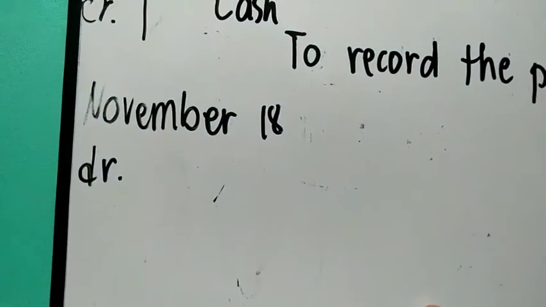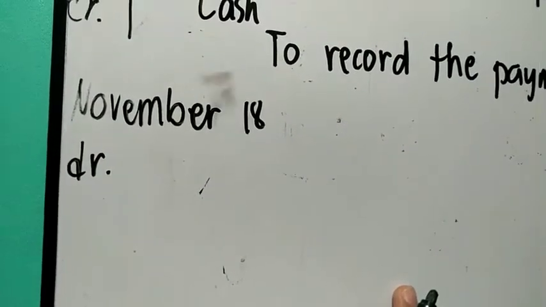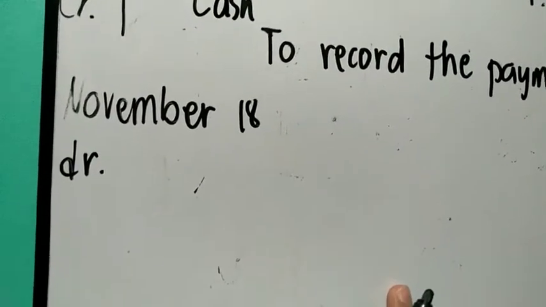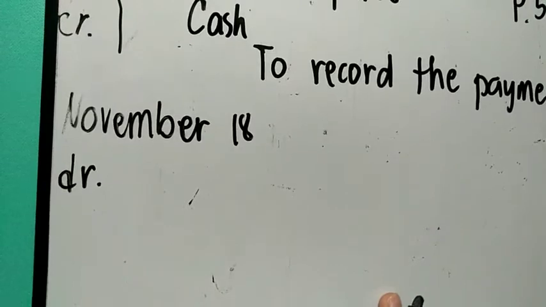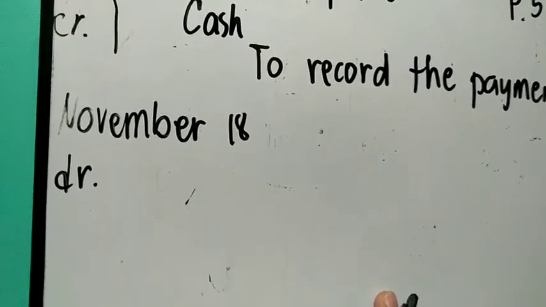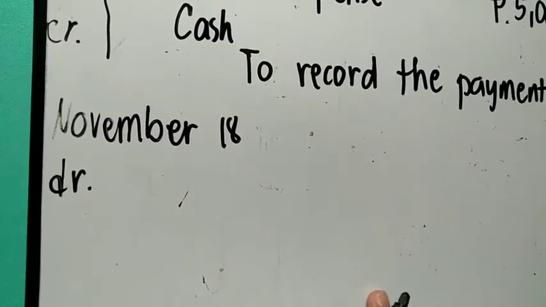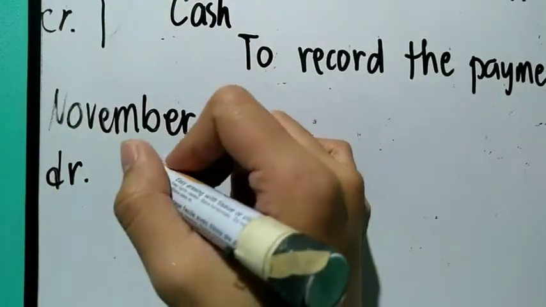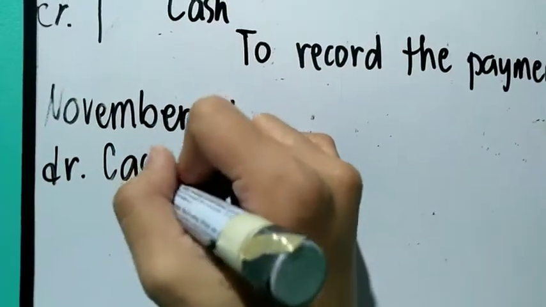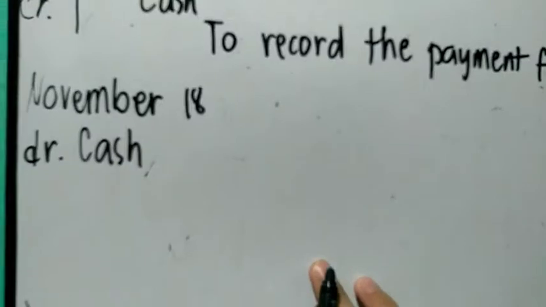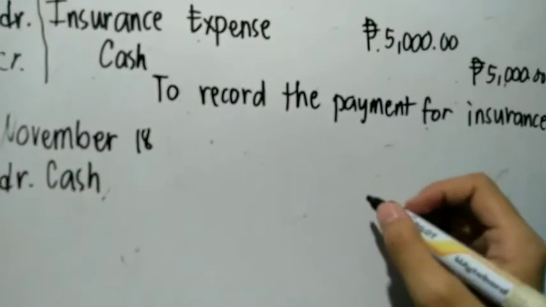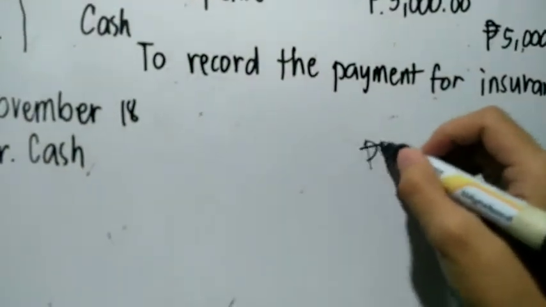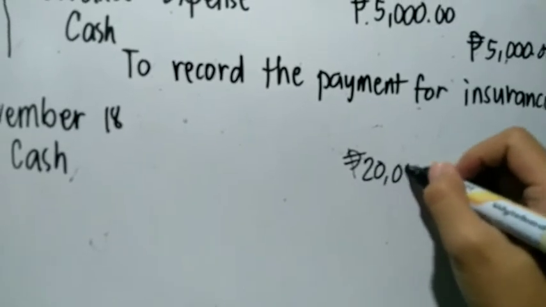Imagine you are Mr. Balsa and you borrowed money from BDO or any other bank. What did you receive? Obviously, you received cash. Therefore, your debit is cash. How much? That was for 20,000 pesos.